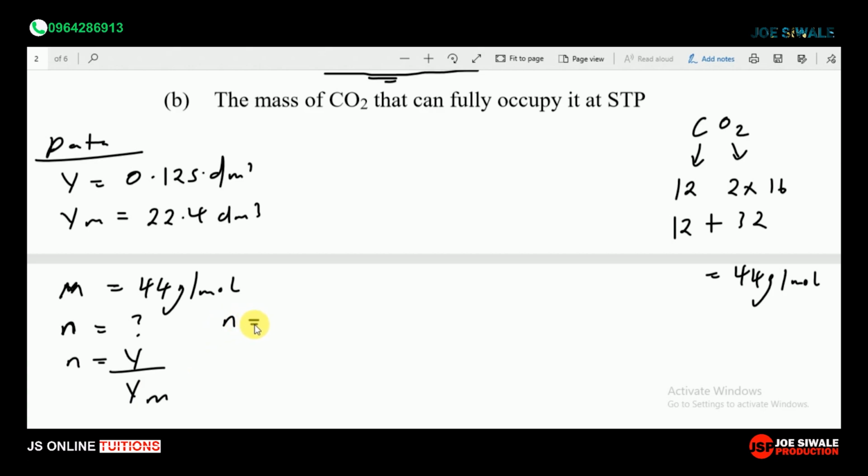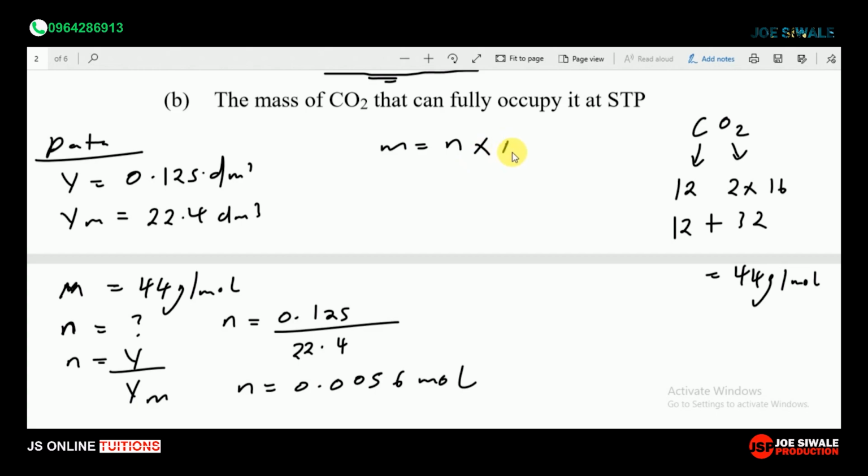So number of moles is equal to volume we have been given as 0.125 divided by the molar volume there, it's 22.4 at standard temperature and pressure. So the number of moles is equal to, we're going to have 0.0056 mole.